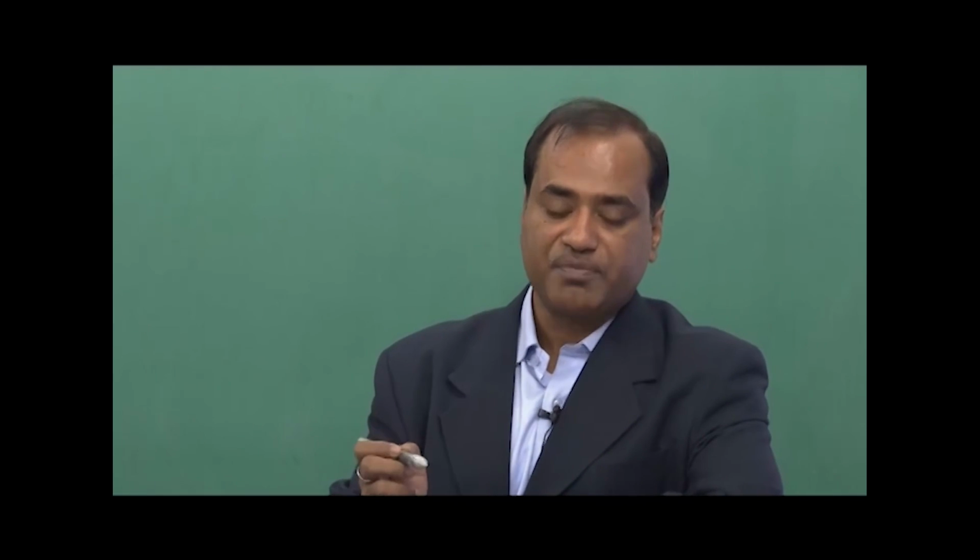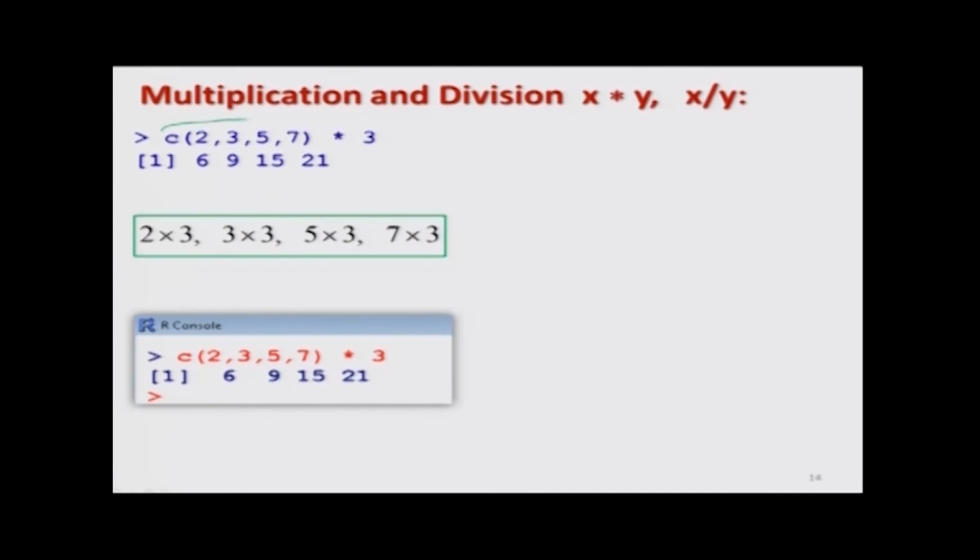Now, I am trying to multiply a vector by a value. Here I have a vector of 2, 3, 5 and 7, 4 values combined by the command c, and I am trying to multiply this vector by a numerical value 3. So, what is really happening?